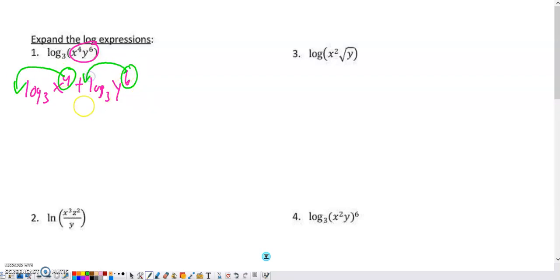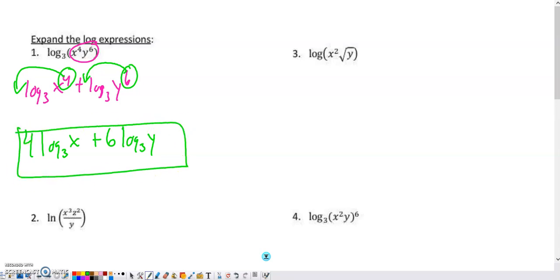You want to bring those powers in front to be multipliers. 4 times log base 3 of x plus 6 times log base 3 of y. If there are no products, quotients, and powers, then you are finished. That's how you know you are done with expanding the log expressions: no more quotients, no more products, and no more powers.